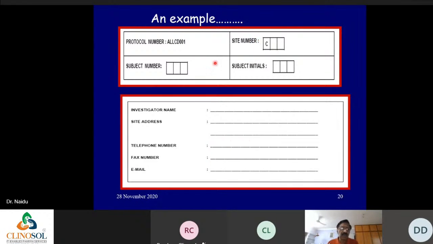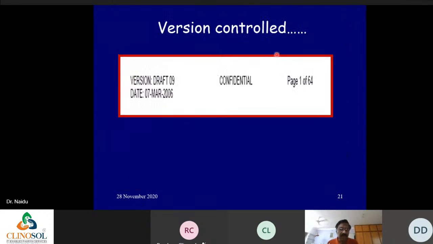These are the things which are there: telephone number, fax number of investigator, subject number, protocol which I cited, and subject initial. These are a must to ensure that the protocol is filed. Then version control number, as I have already told, it must have version and date. It should always be mentioned as confidential because only a few people are authorized to see the case record form. And as I told you, this is the way the page number should be.